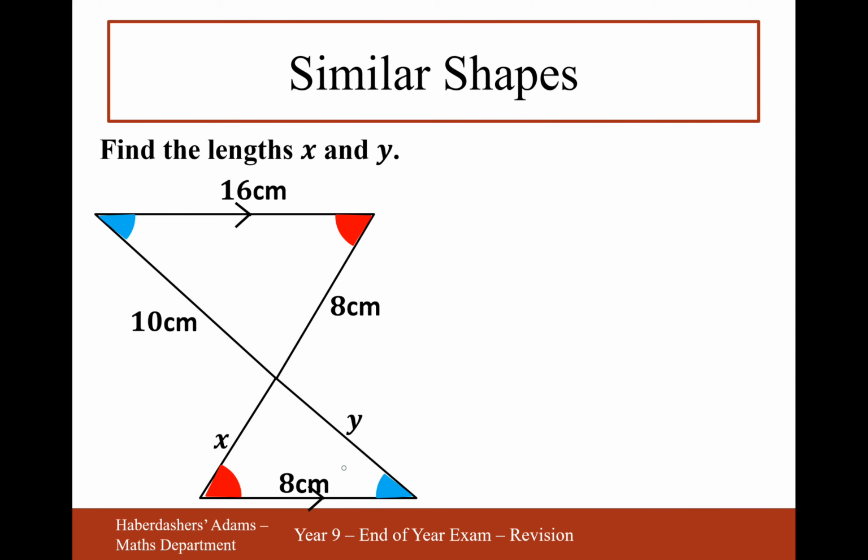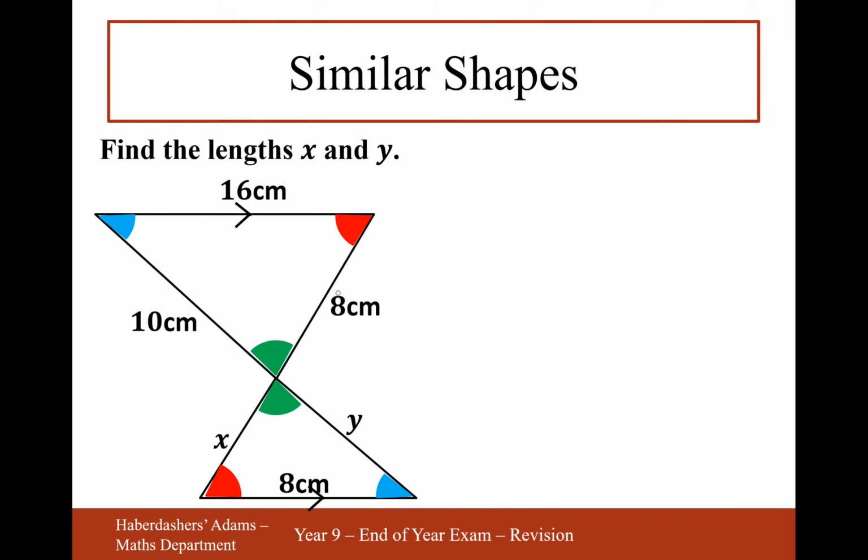We know the top and bottom lines are parallel because they've got these little arrows on them, which indicate that the lines are parallel, so you can make alternate angles out of them. And by the angle rule that opposite angles are equal, these two green angles are equal to each other. So you know that the top triangle is similar to the bottom triangle.